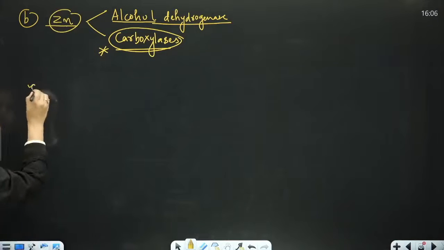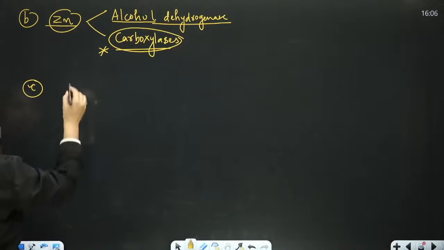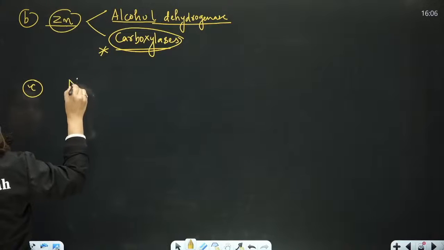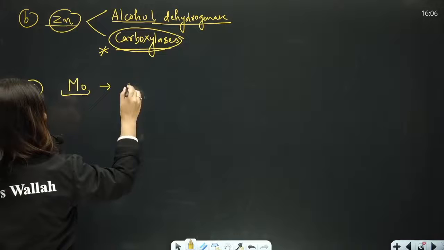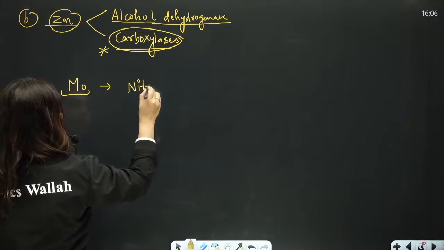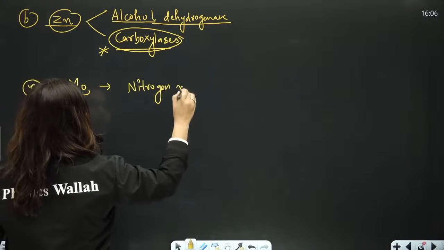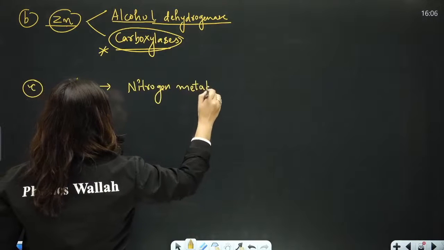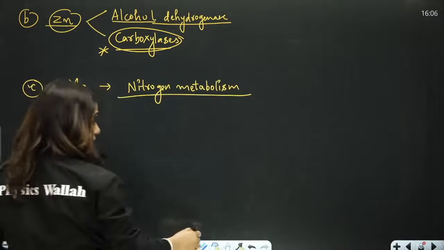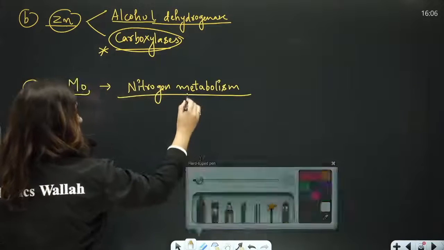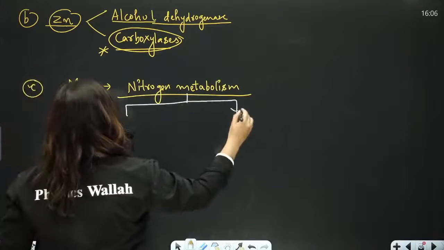Then the third very important one is molybdenum. Very important. Molybdenum is responsible for nitrogen metabolism, and it activates two important enzymes which are involved in nitrogen metabolism.